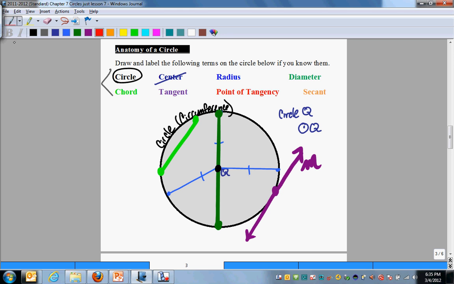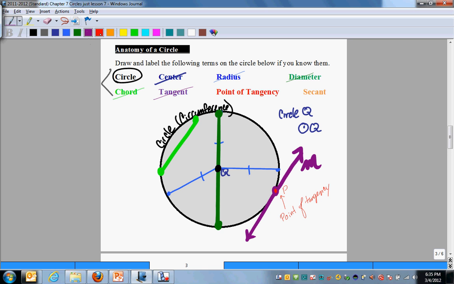And this point right here, let's call that point P, we would call a point of tangency.